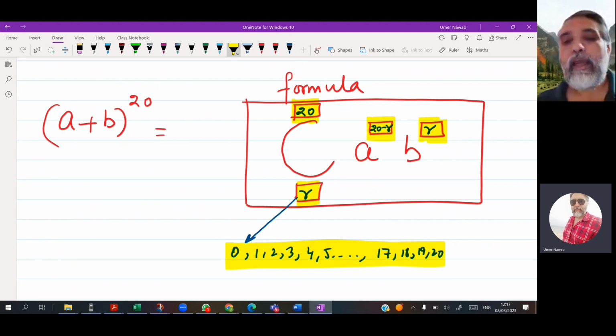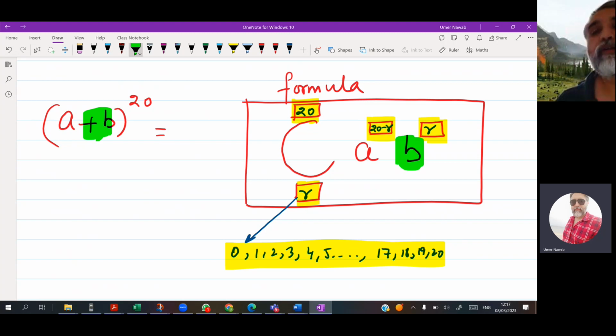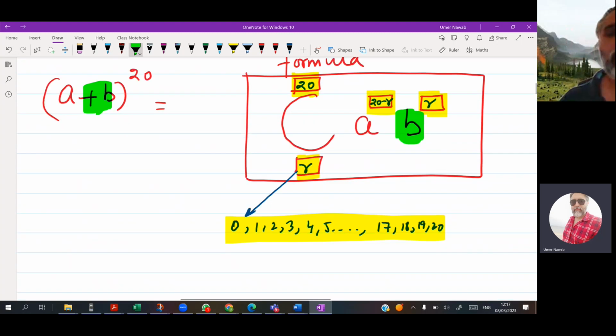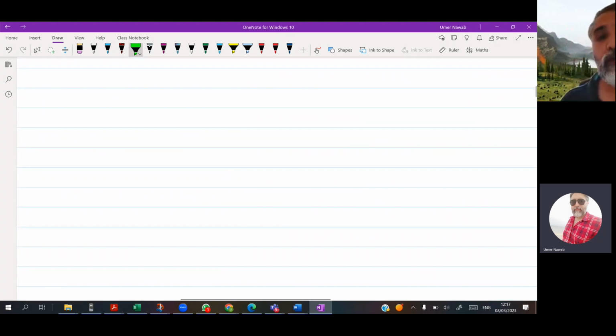If you want to find any particular term, this formula will be very helpful. Now be careful. Sometimes b has a minus sign, so you have to write the minus sign with the b. In such a case, the minus sign comes alternately, but that will be seen later on. So to find a particular term, we have to use this strategy.